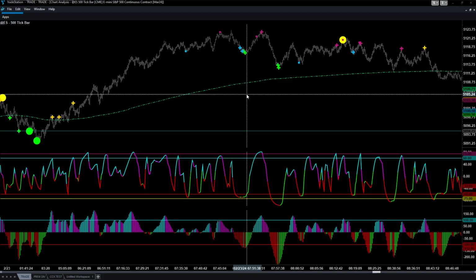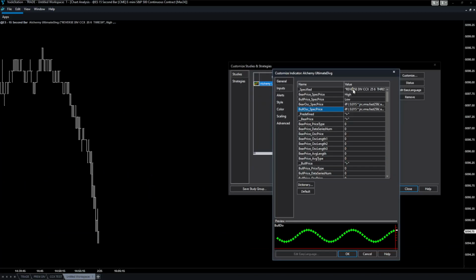Now here's what we've done. We're using reverse divergence here, so I've set a title on this so I can refer to it later. This is reverse divergence using the CCX with a setting of 25 and 6, as well as the threshold. All right. I've inserted the formula. I've set up my settings, reverse divergence, and my thresholds, 100 and negative 100.